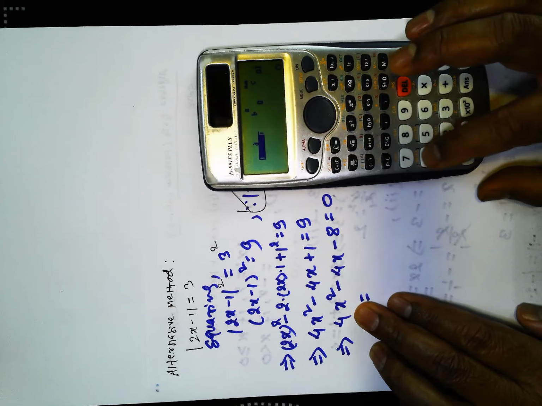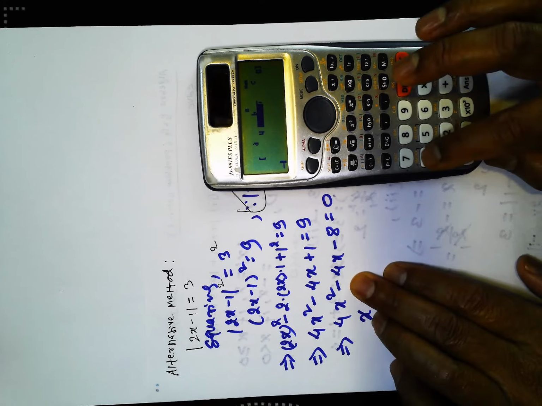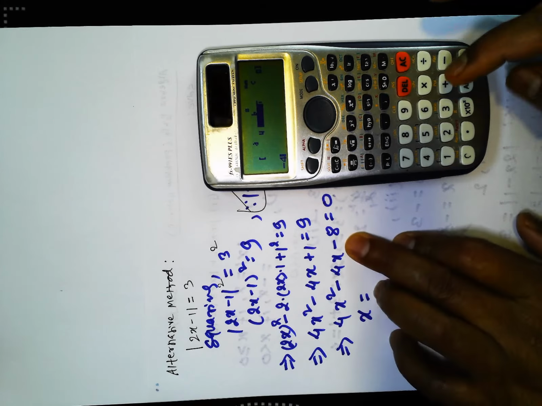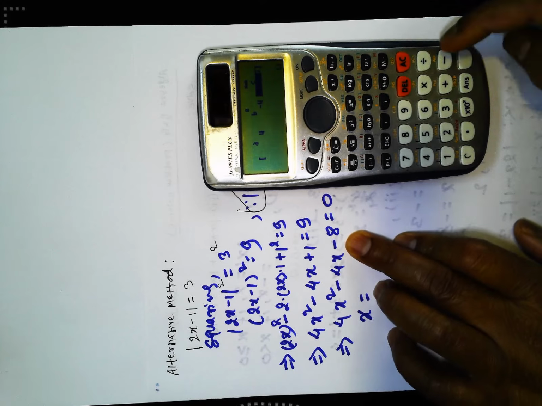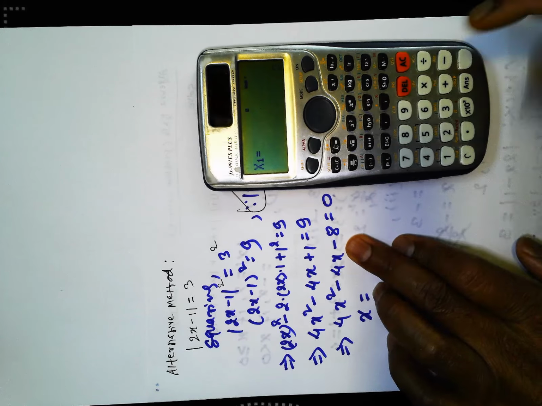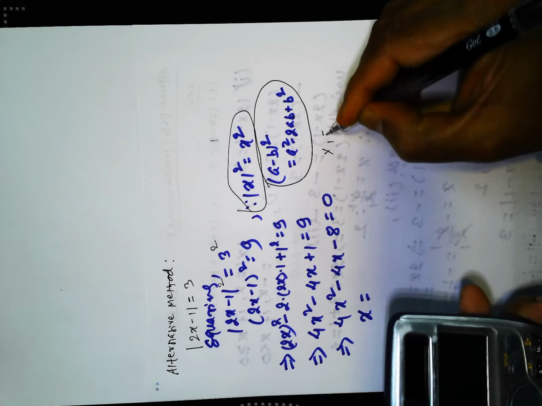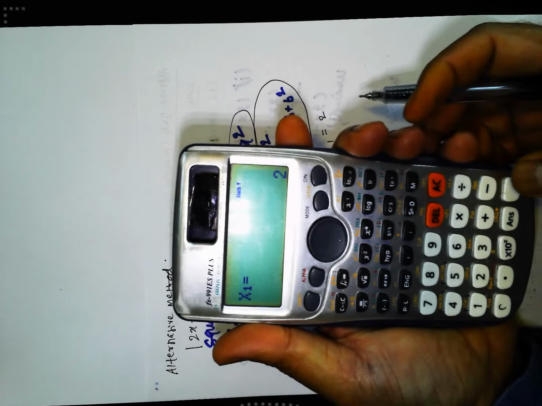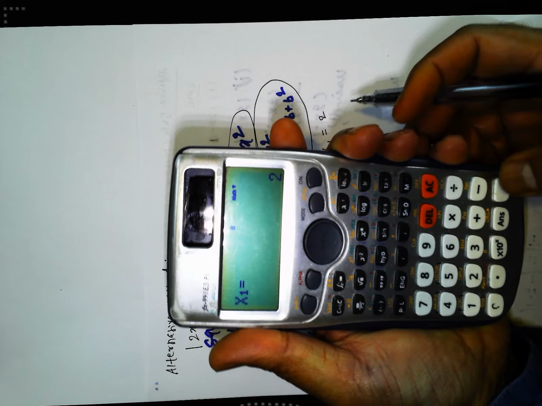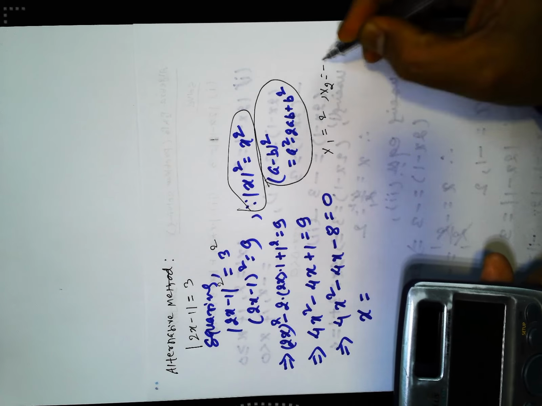I will press 4 here, then equal, then next value is minus 4, then equal, then next value is minus 8, then again equal, and then if I press equal again, I will get the first value. The calculator shows that x1 equals to 2, and if I press equal again, then I will have another value as x2, and calculator says that x2 equals to minus 1.